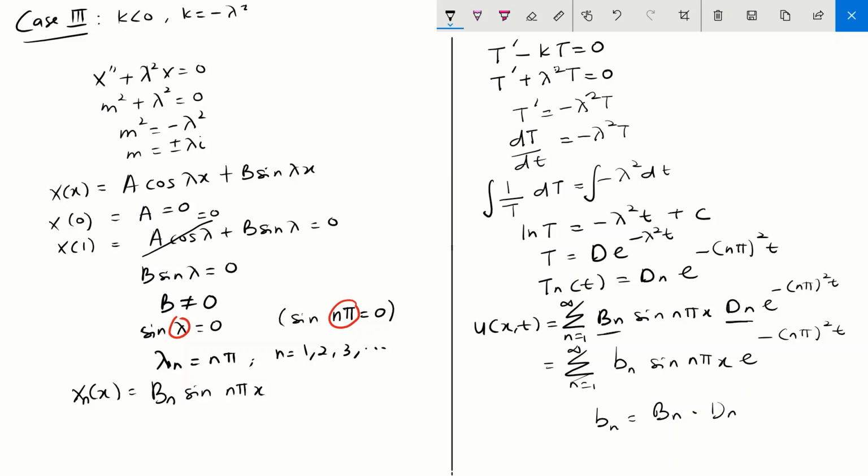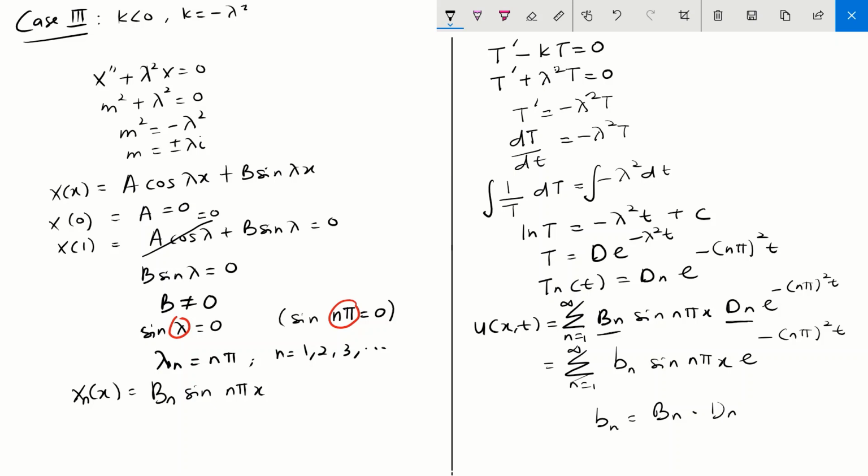Okay, so this is where we're going to apply the initial condition. Since we still have one unknown constant, which is bn, how can we find the values of bn?